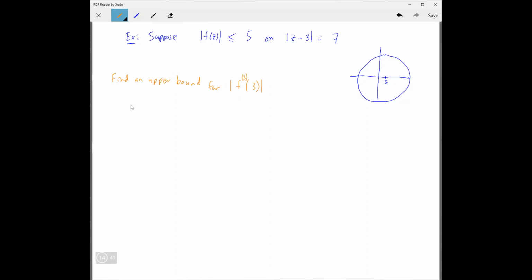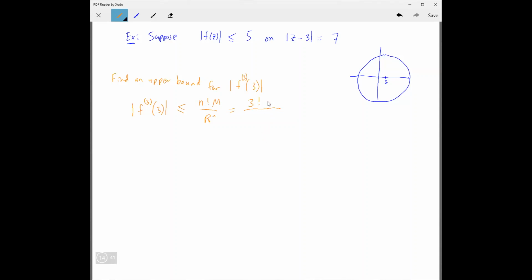So Cauchy's inequality would be n factorial times M over r to the n. But in this case, n is 3, right? What's M? Is that 10? No, it's not 10. What do you think r is?